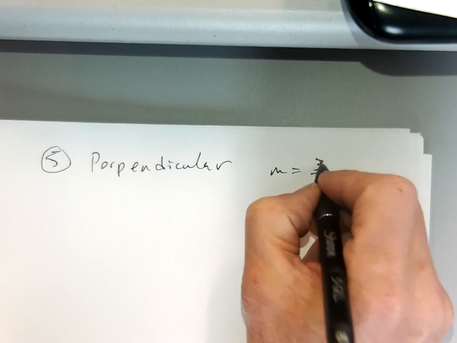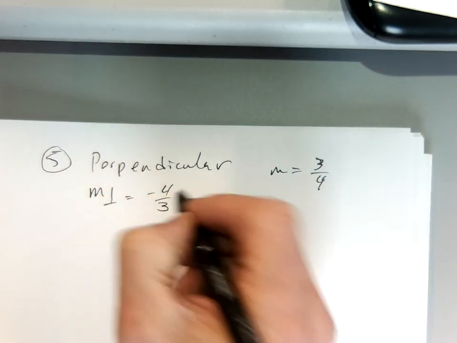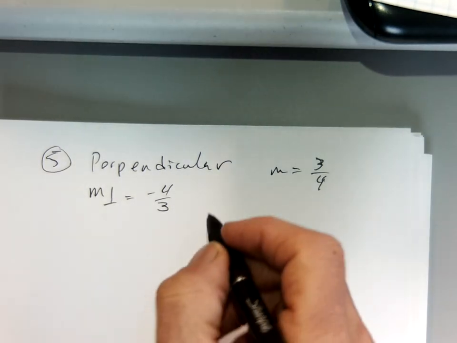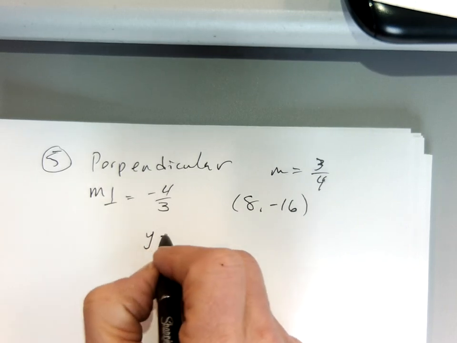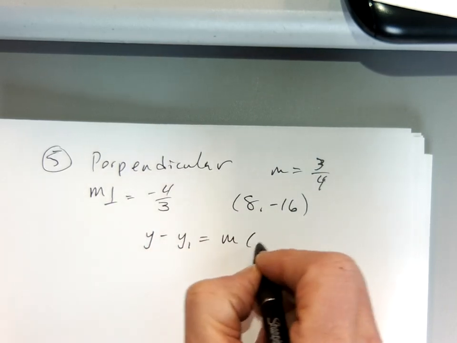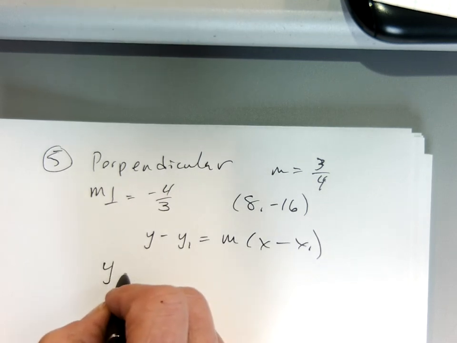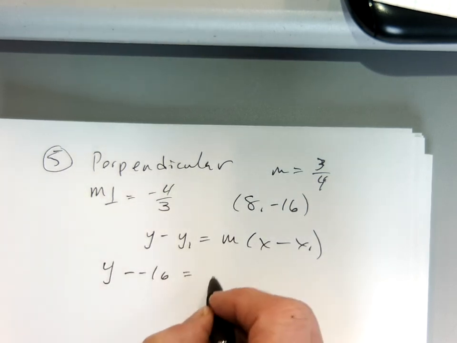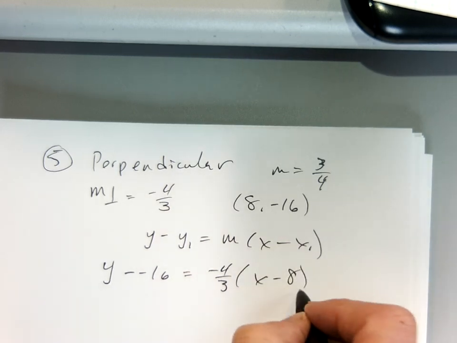And I will reverse it. So my perpendicular slope is now negative 4/3. Again, I have my point 8, negative 16. I like my equation y minus y1 equals m times x minus x1. And I'm going to go y minus my negative 16 equals my negative 4/3 times my x minus my 8.